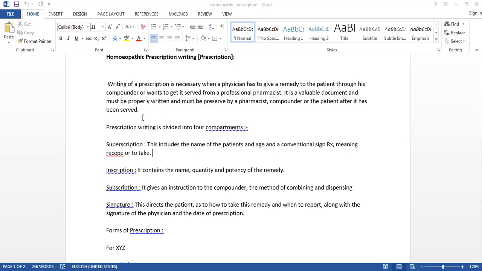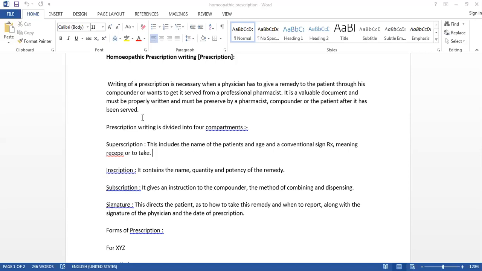If the physician serves a prescription from his own medicinal stock, then there is no question of writing a prescription. In this case, he just records in his diary or book, kept exclusively for future reference, the name and address of the patient and all the primary information, and the prescribed remedy with potency and dose. This is what we routinely do in our OPD.